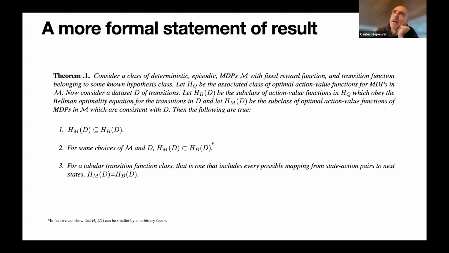If you give me a model class, then I can eliminate all the Q star functions which are not compatible with at least one of the models in the model class. And then suddenly the model-free result will look the same, right? I'm going to eliminate as fast with my so-called model-free method as with the model-based method, right?